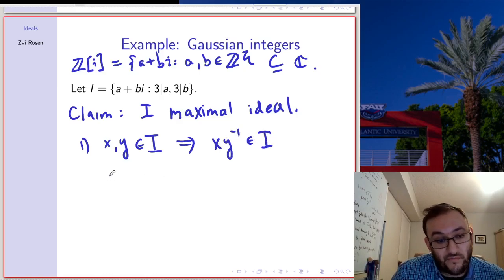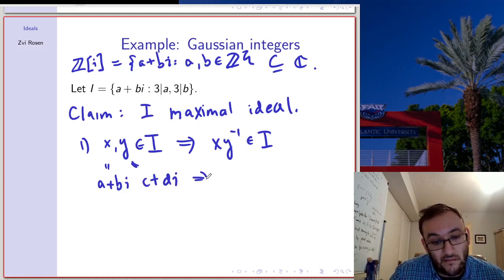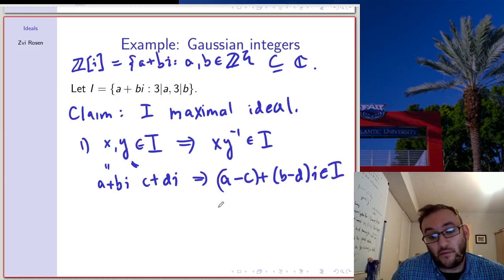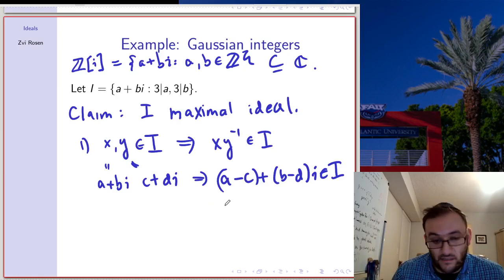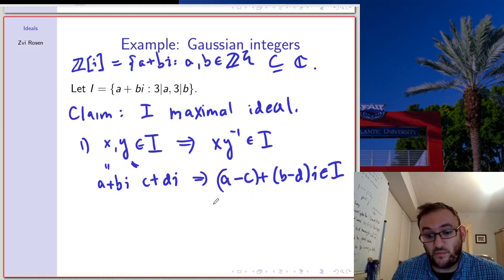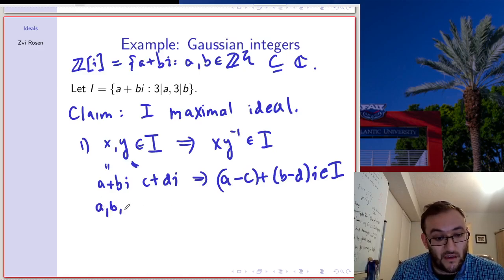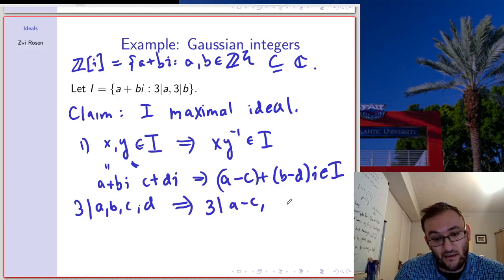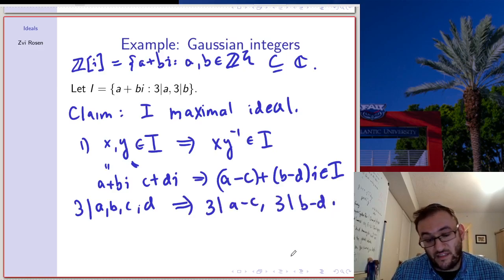In particular, if you have x equals a plus bi and y equals c plus di, then that implies a minus c plus (b minus d)i should be in I. But the only condition is that these are multiples of 3, and it's easy to show that if 3 divides all of a, b, c, d, then 3 divides a minus c, and 3 divides b minus d. So that shows that this is an additive subgroup.